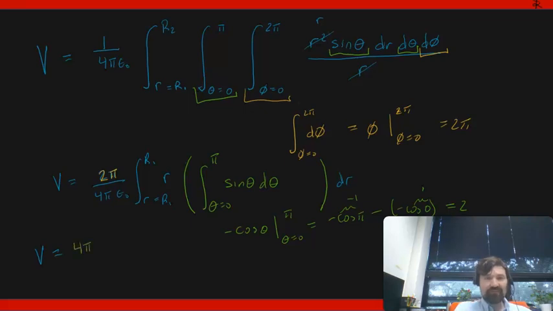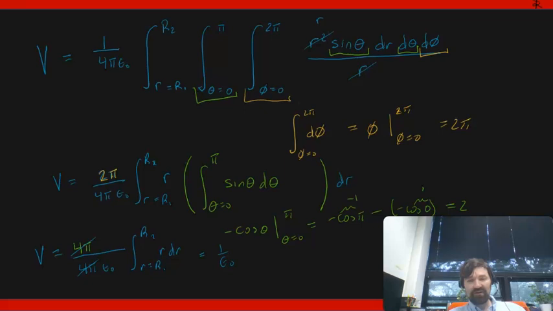So now my potential is, if I include the 2 times the 2 pi, essentially I now have 4 pi divided by 4 pi epsilon naught. I guess I could just cancel the 4 pi's here. And then I have an integral from little r equals big R1 to big R2 of r dr. That one's also easy. So now I have 1 over epsilon naught.